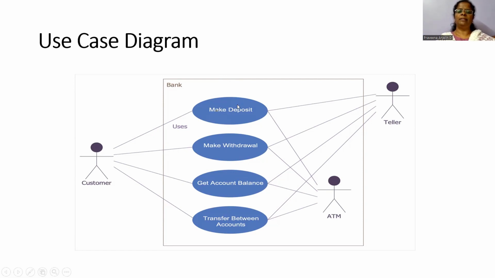Who are all connected with this make deposit? The customer can deposit some amount, right? Whatever he is depositing, this ATM has to have the account, so it is connected to that. And teller, as I said, can be considered as the bank.